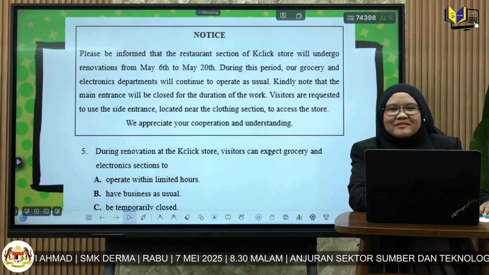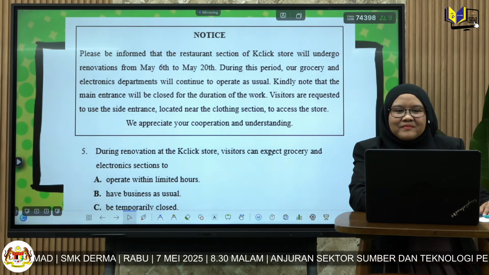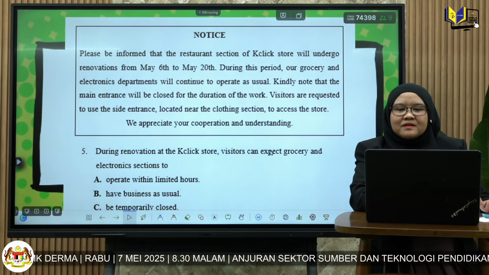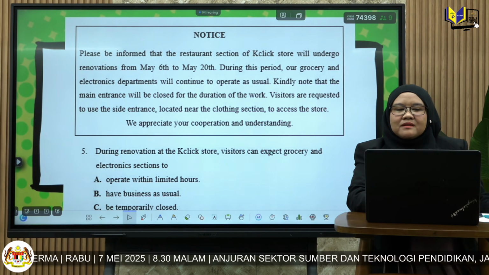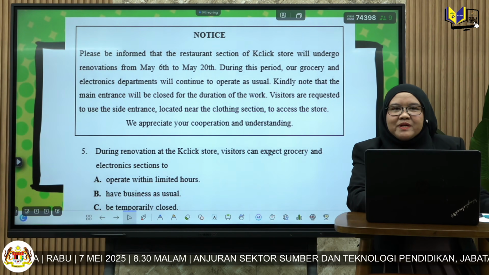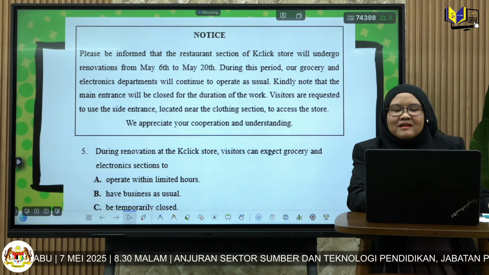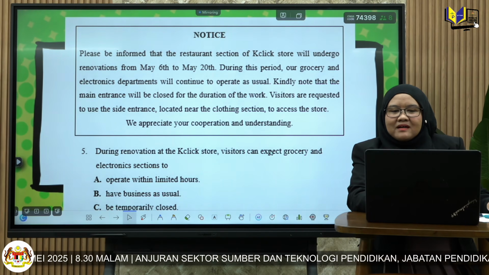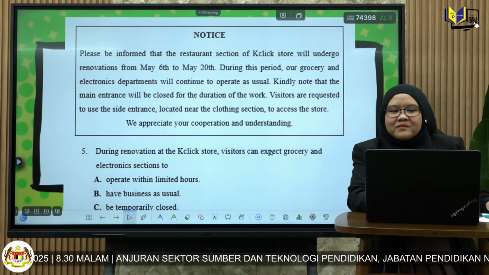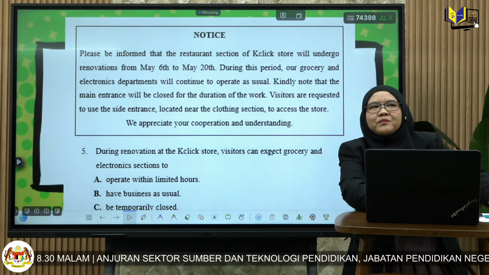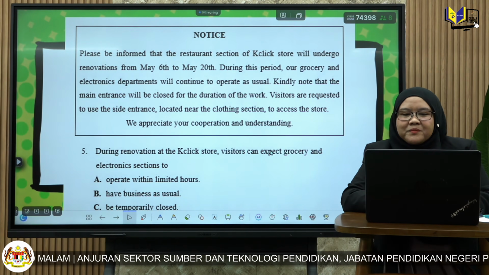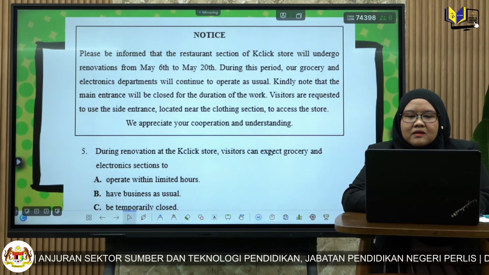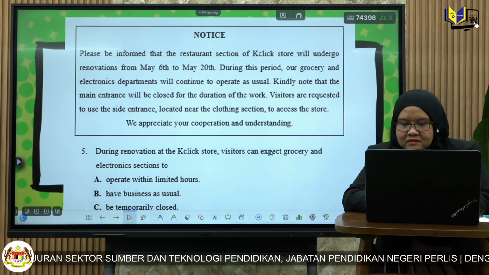Notice, please be informed that the restaurant section of Kelly store will be undergo renovation. Please be informed that the restaurant section of Click Store will be undergo renovation from May 6 to May 20. During this period, our grocery and electronic department will continue to operate as usual.